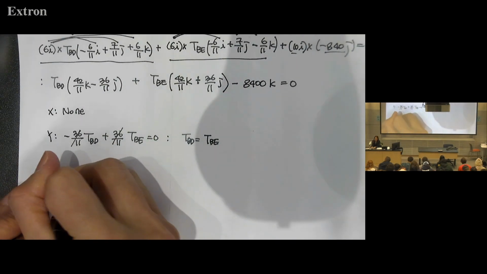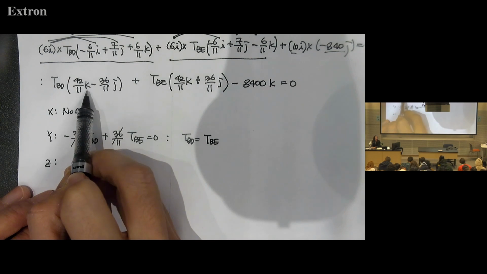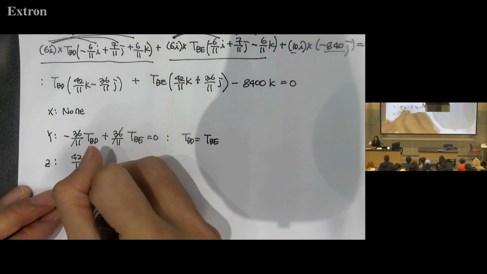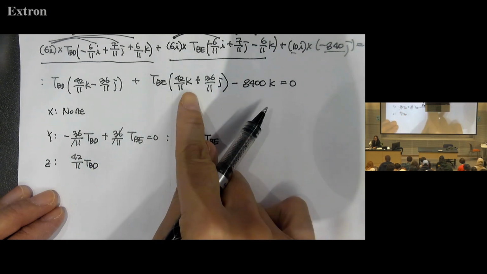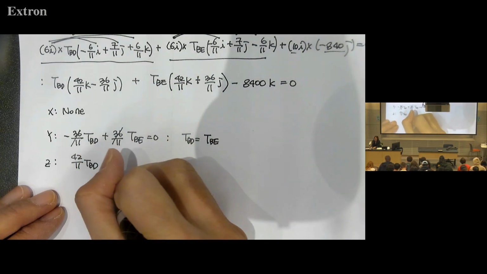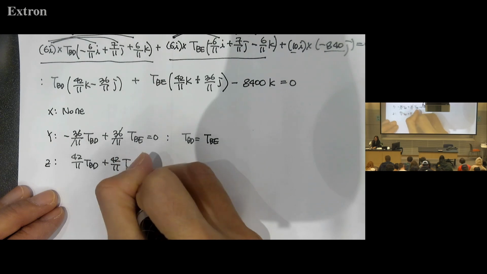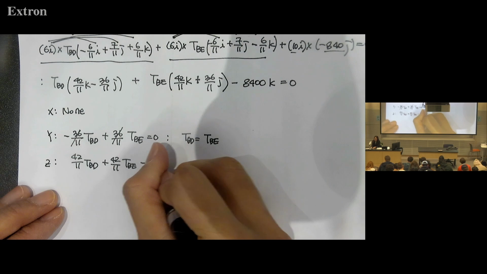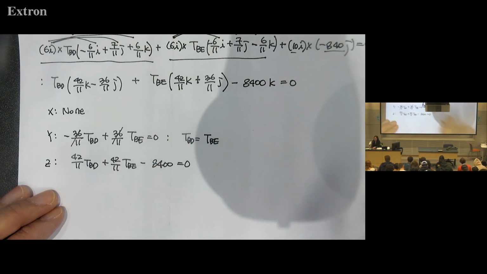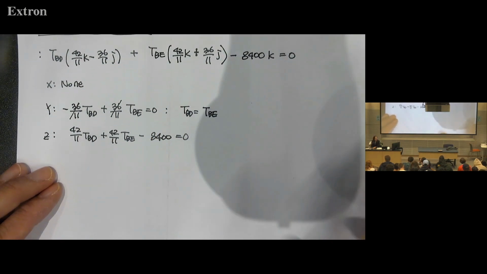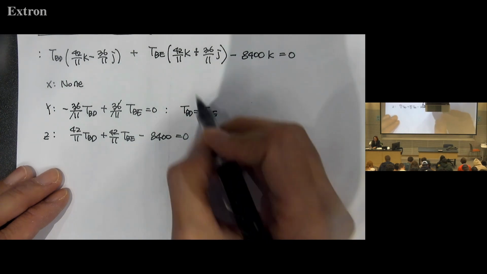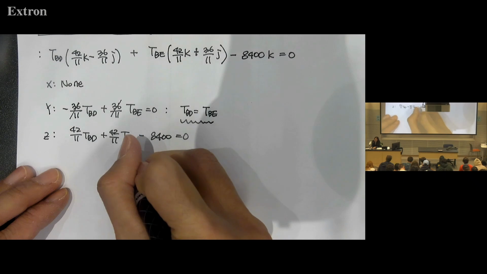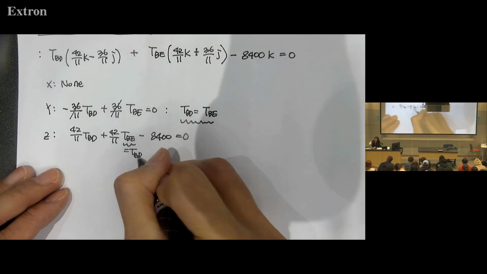And then the z component in front of k, right? So 42 over 11 TBD, and then 42 over 11 TBE, and then minus 8,400 equals 0. Right? And from the y equation, we found these two cable tensions are the same. So let's use this one as TBD.